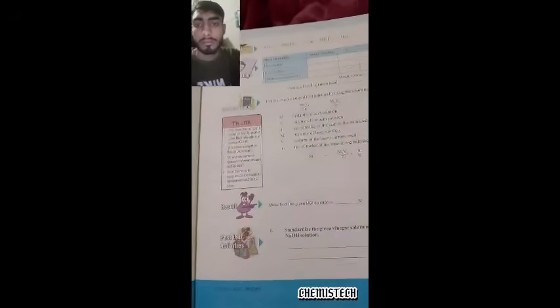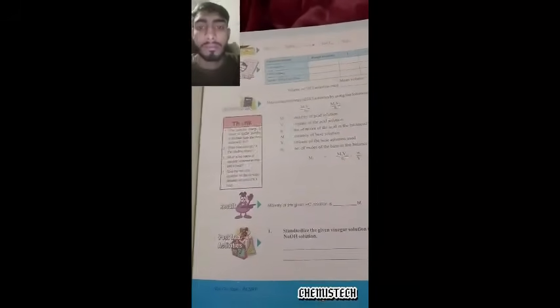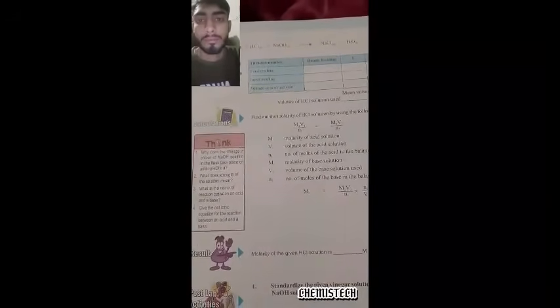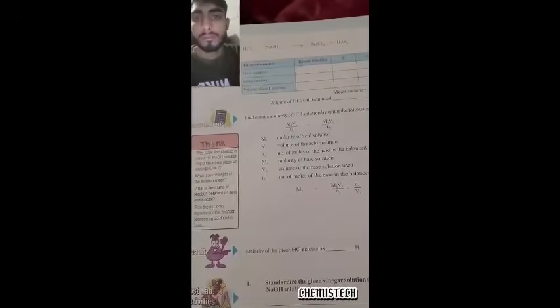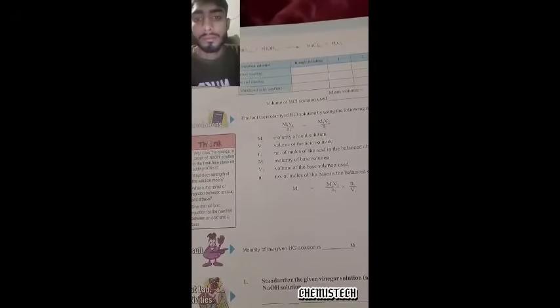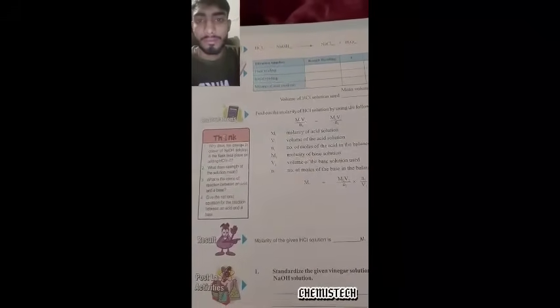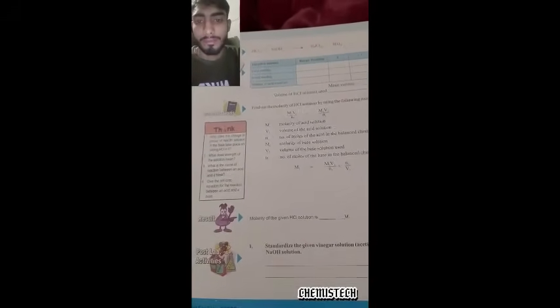So we will move to another page, chemical equations. Here is the chemical equation: HCl + NaOH → NaCl + H2O. Here are the final reading and initial reading, and here is the calculation.